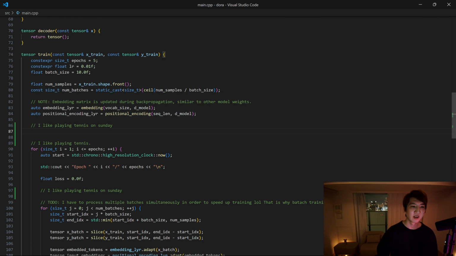So they know the word "I" comes before "like," and "like" comes after "I," and so on. But since the transformer model trains in parallel, it loses the sense of the order.